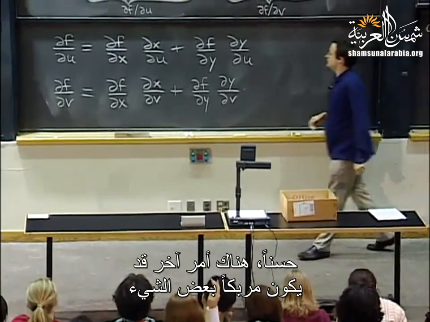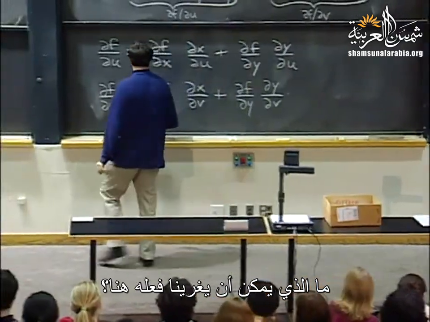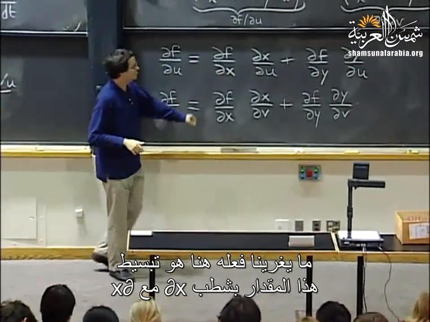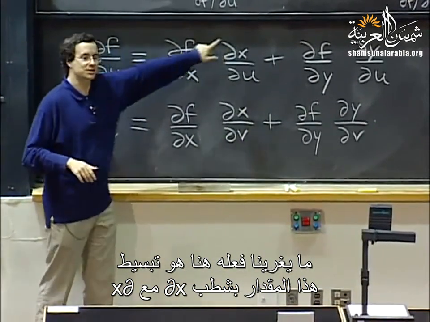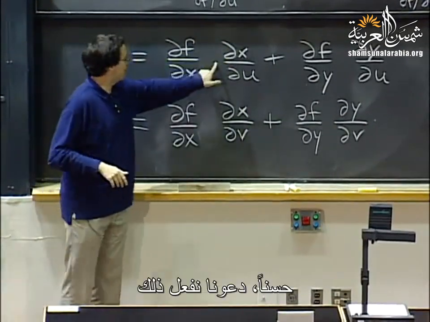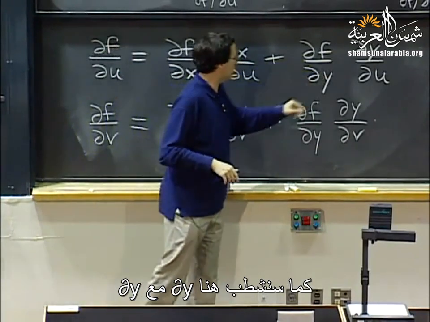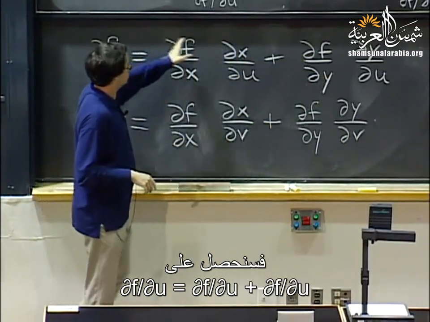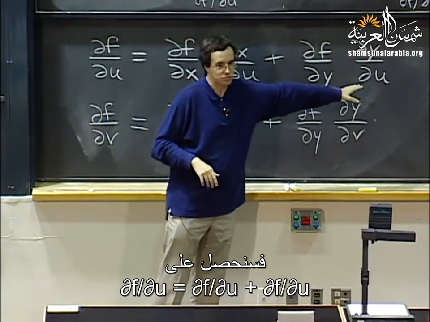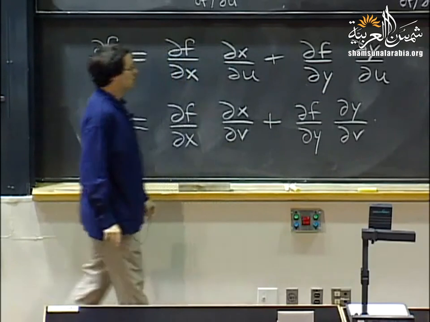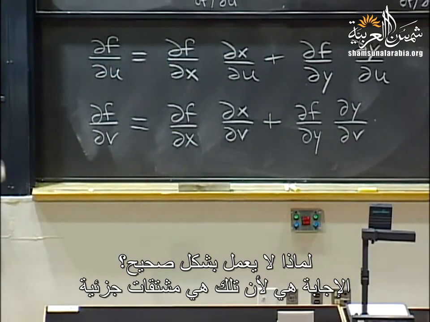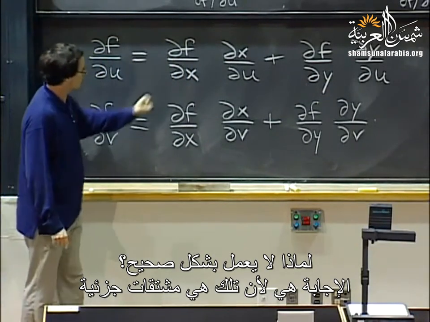Okay, here's another thing that may be a little bit confusing. What's tempting here would be to simplify these formulas by removing these partial x's. So let's simplify by partial x. Let's simplify by partial y. We get partial f partial u equals partial f partial u plus partial f partial u. Something is not working properly. Why doesn't it work? The answer is precisely because these are partial derivatives.